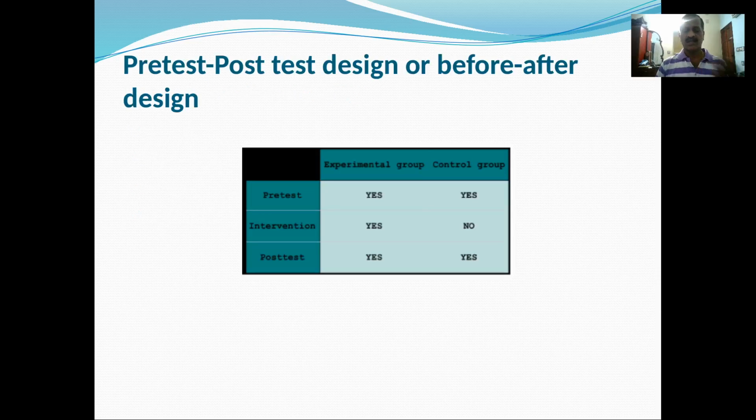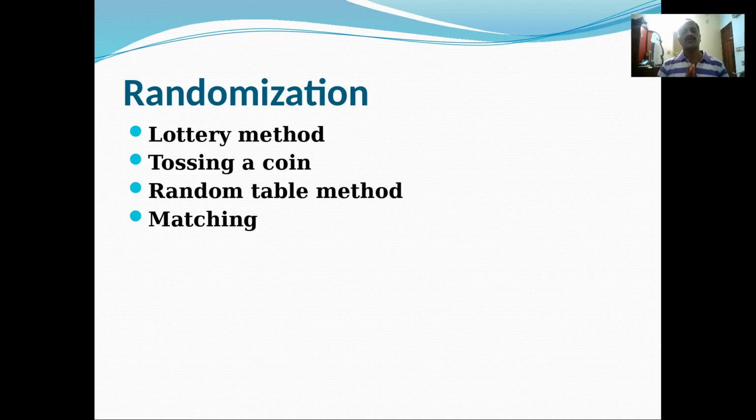In the next class we will discuss the important designs in experimental designs. Experimental design is also a term, and under that there are many types of designs. Again, we know that we started from an approach called the quantitative approach. From there, we have quantitative designs.